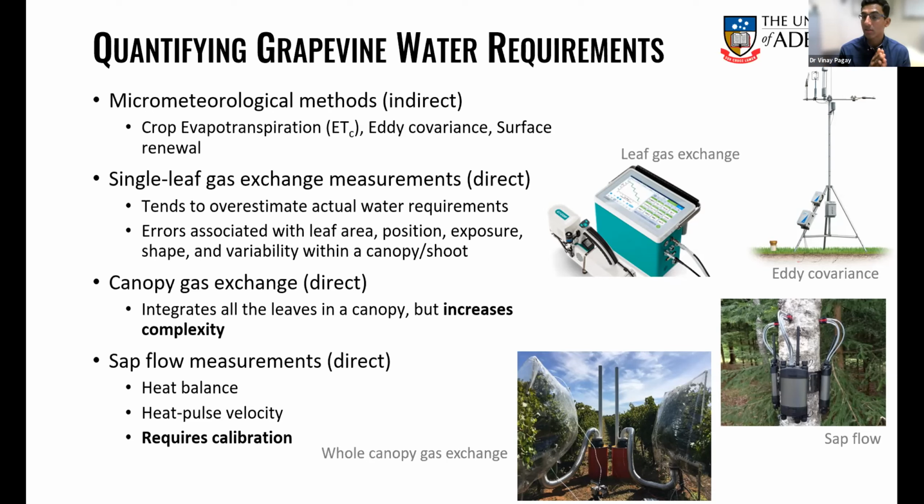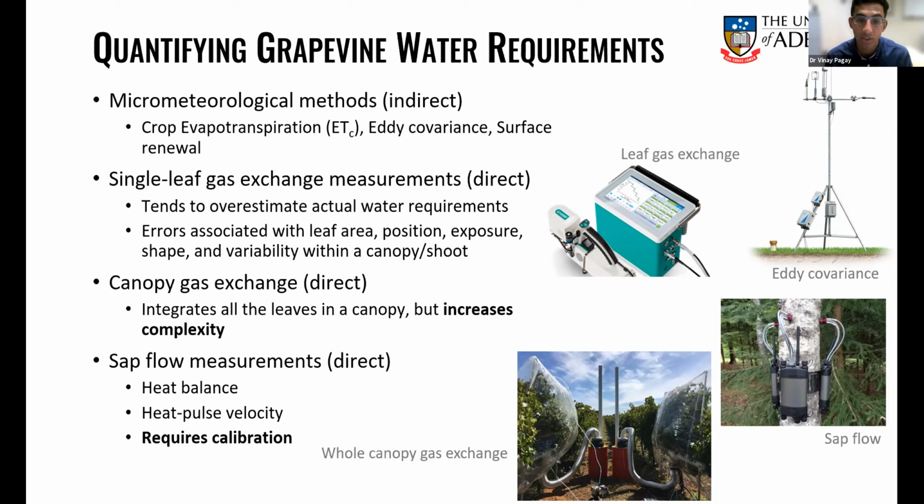Now, sap flow sensors is something Ed touched on. This is something that's commercially available. A number of companies, both here in Australia as well as in the US, sell sap flow sensors. And these can be really useful to quantify canopy water use, albeit with some caveats around using, for example, environmental weather data to make adjustments or calibrations to the sap flow, and also being aware that the grapevine is highly heterogeneous in its vascular structure in the stem.